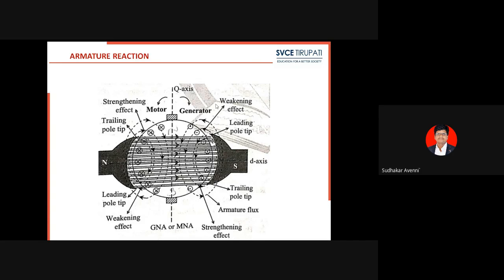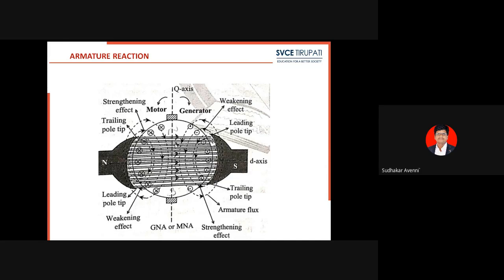That is nothing but the weakening effect. Under the trailing pole tip, there is a strengthening effect. Under the leading pole tip, there is a weakening effect.